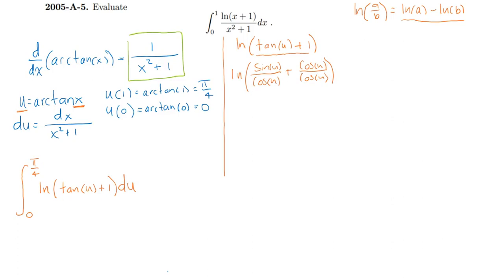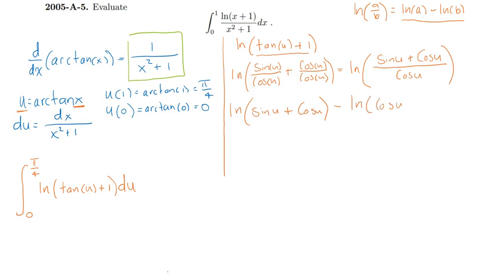And now we can add these together, and we have ln of sine of u plus cosine of u over cosine of u. And now we can apply this property from above, and we have the natural logarithm of sine of u plus cosine of u, minus ln of cosine of u. And so these two are equal.